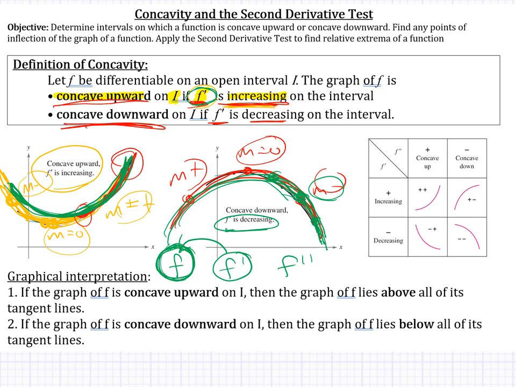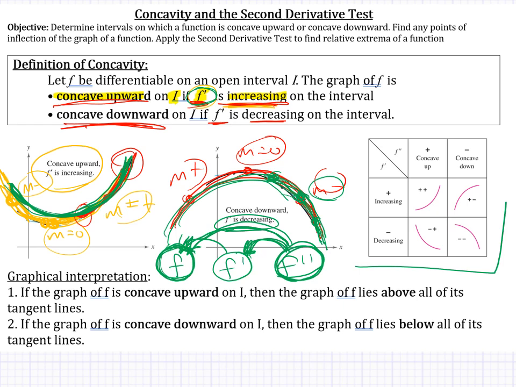It can also help me find max and mins. The second derivative as a function tells me how the first derivative is changing. In regards to the original function, if the first derivative is increasing, then the original function is concave up. If the first derivative is decreasing, then the original function is concave down.